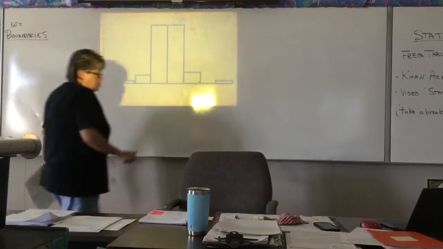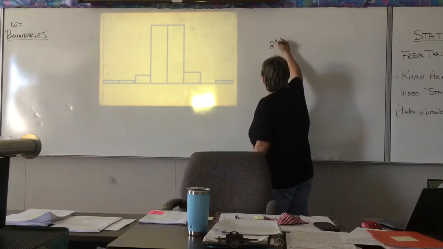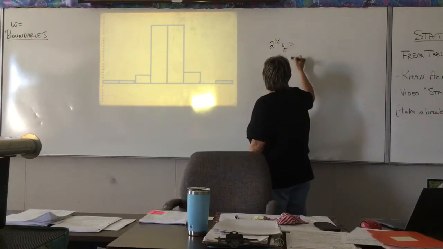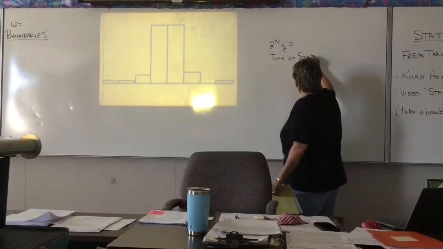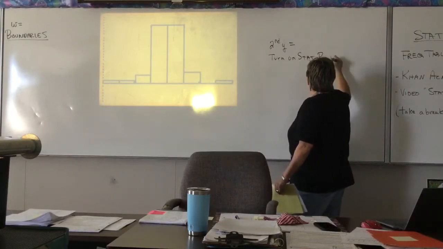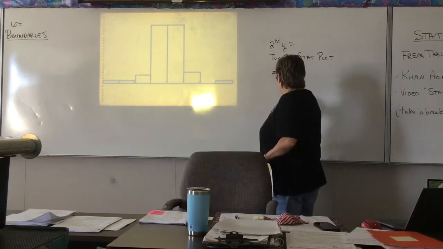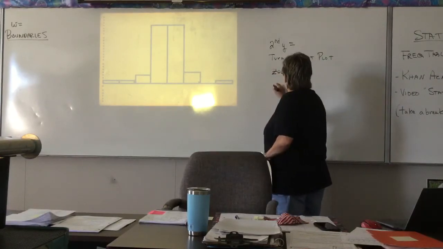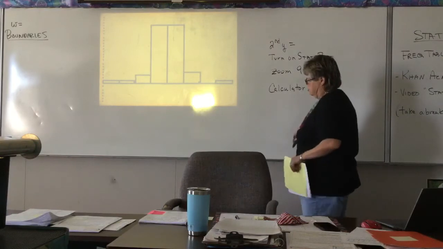So again, to get it to draw, we did second, y equals, and turned on the stat plot. Once it's turned on and you have everything where you want it, we did a zoom 9, and it gives us the calculator version of a histogram.